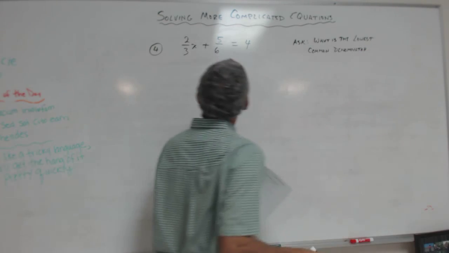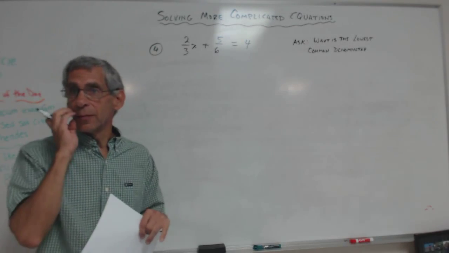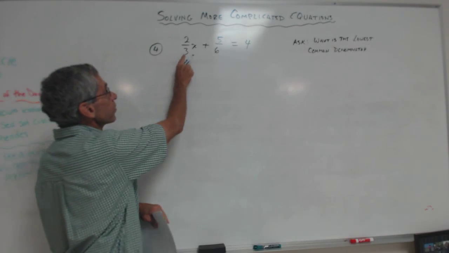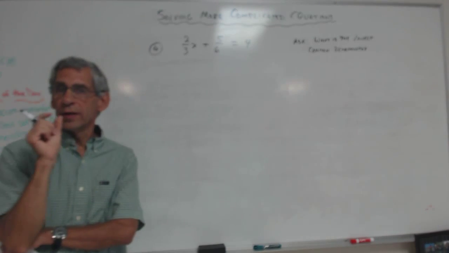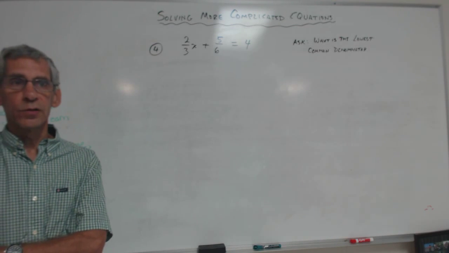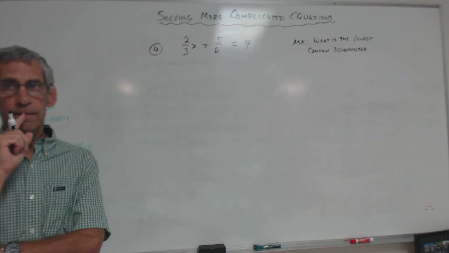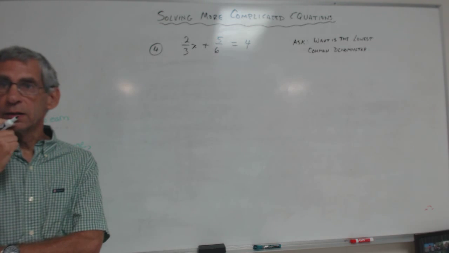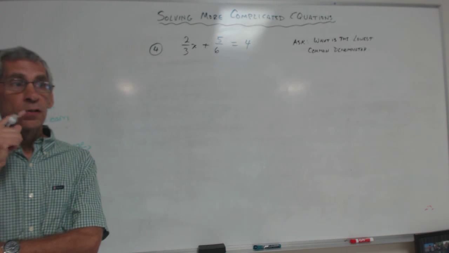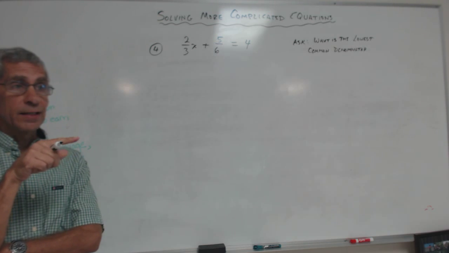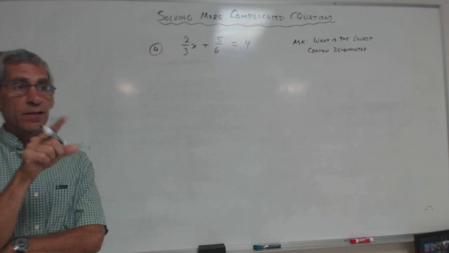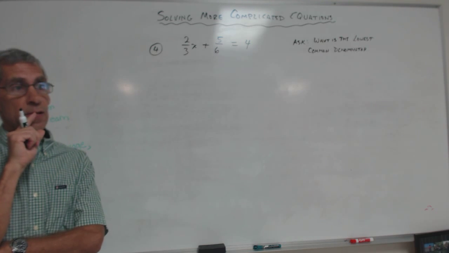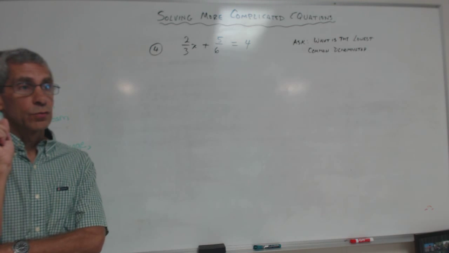Well, the first thing I'm asking is, what is the lowest common denominator? So I've got a 3 and a 6. What number do both of those numbers go into? Well, 6 doesn't go into 3. 6 goes into 18, 3 goes into 18. I could do that, but that's not the lowest. 6 doesn't go into 2.